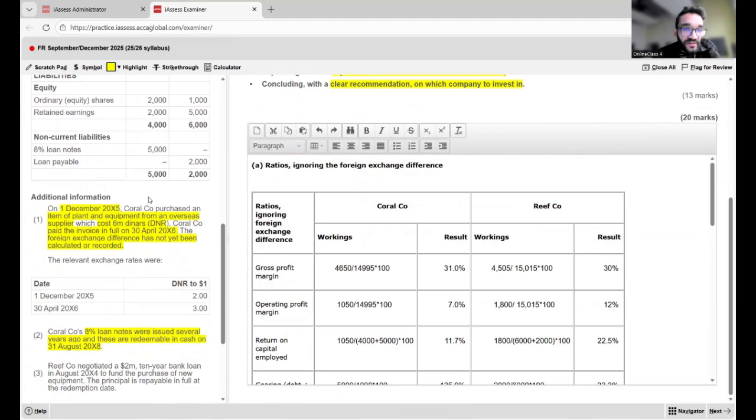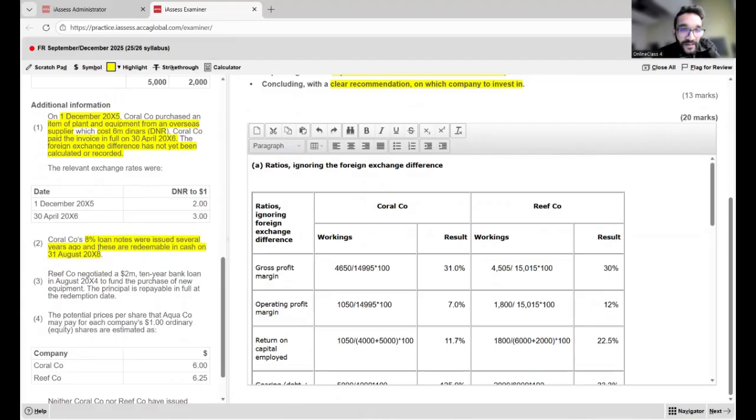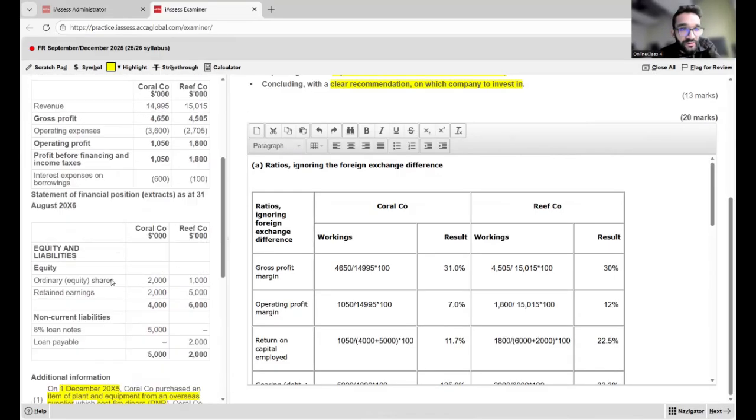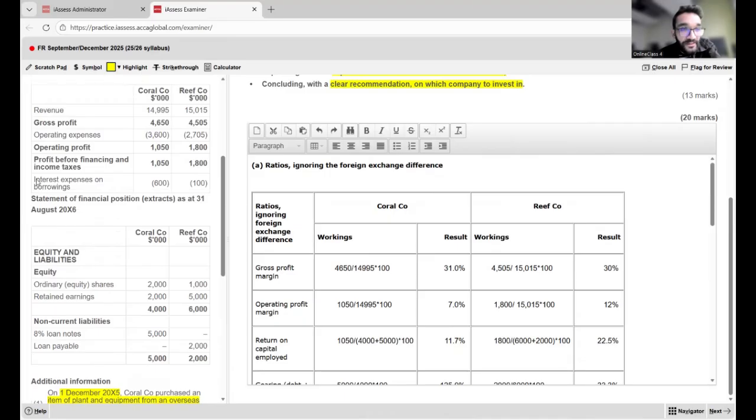After 2 years, this loan note of 5 million should be repaid, right? Quickly calculate 5,000 multiplied by 8, which is going to be 400 finance cost. But if you look at their interest on borrowing, it is 600.